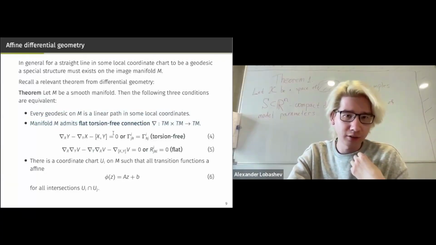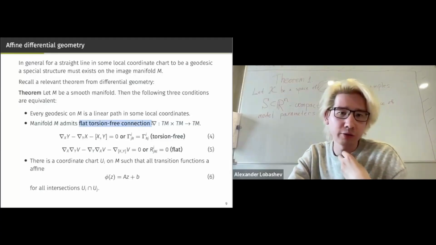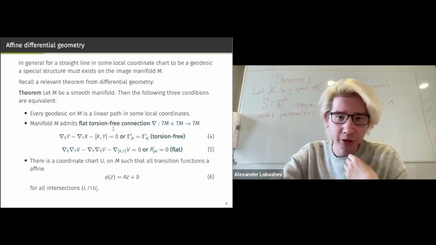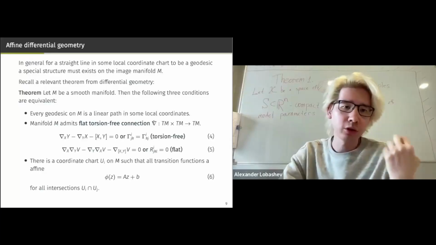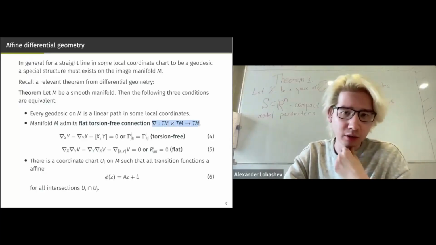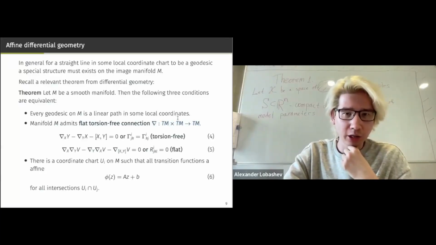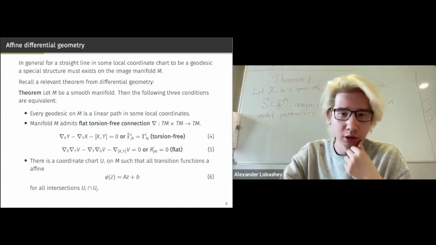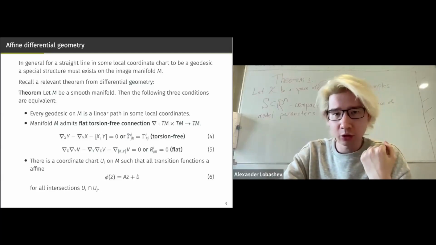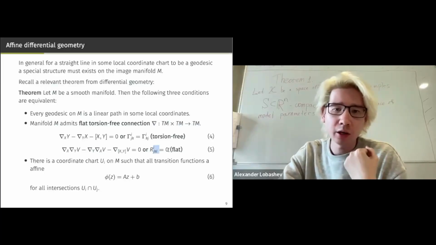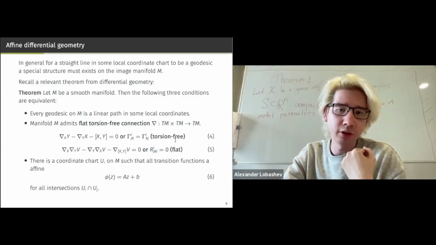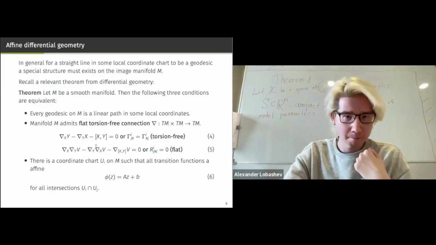Second is that this is equivalent to having a torsion-free flat connection on this manifold, and this is just a reminder of what a torsion-free connection is. Usually you could think of it as a covariant derivative along a vector field, but if you like coordinates, then you can think of it as having Christoffel symbols which are symmetric with respect to the lower indices, and its Riemannian curvature tensor is always zero.